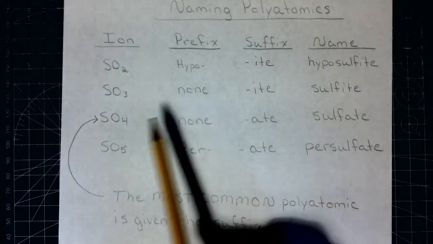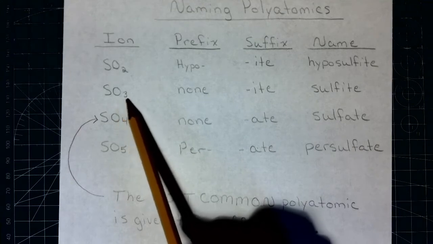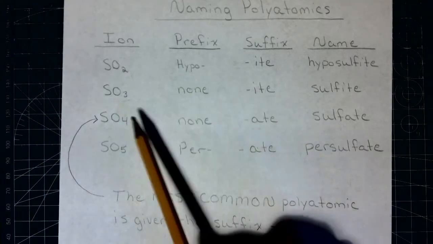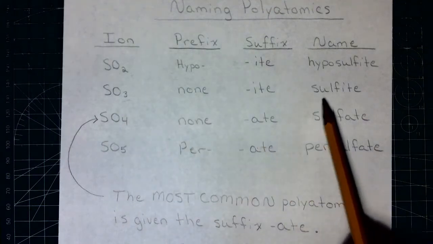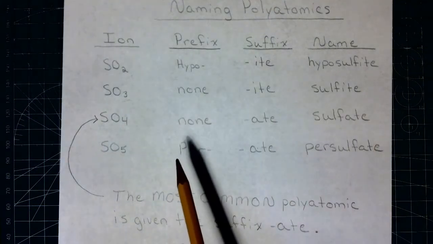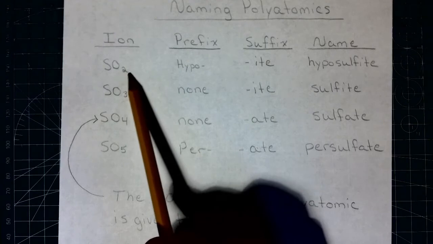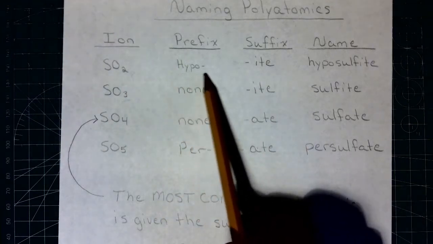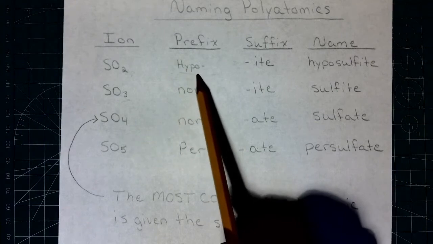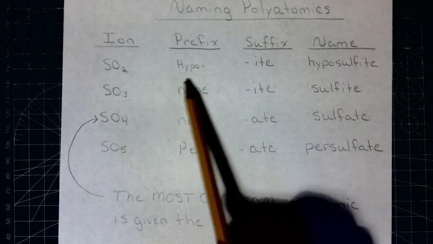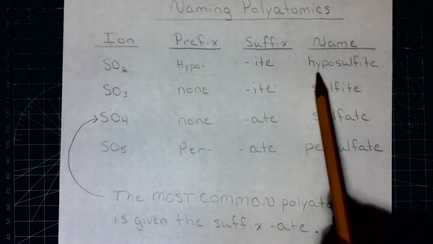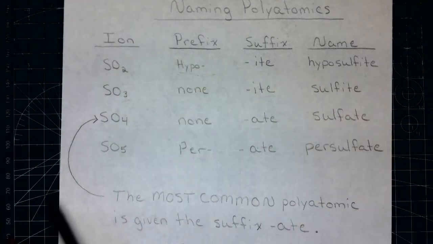Then they took the one that had 1 less oxygen, and they gave it the suffix -ite. So SO3 is sulfite. For 1 fewer, you'd think maybe they would give it a different kind of suffix, but they didn't. They actually added a prefix, hypo, meaning less. So SO2 is hyposulfite.